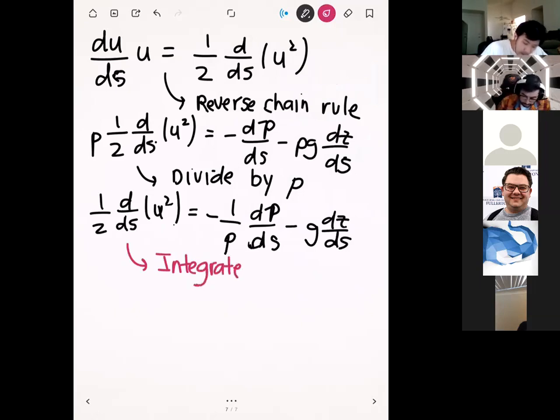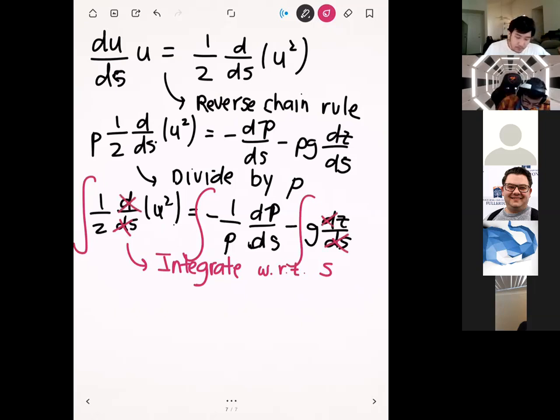Remember, whenever you integrate, you have to know what variable you're integrating by. In this case, we're integrating with respect to s. And so what that's going to do is cancel out these derivatives. We'll leave the pressure alone, actually, and I'll explain why in a second.